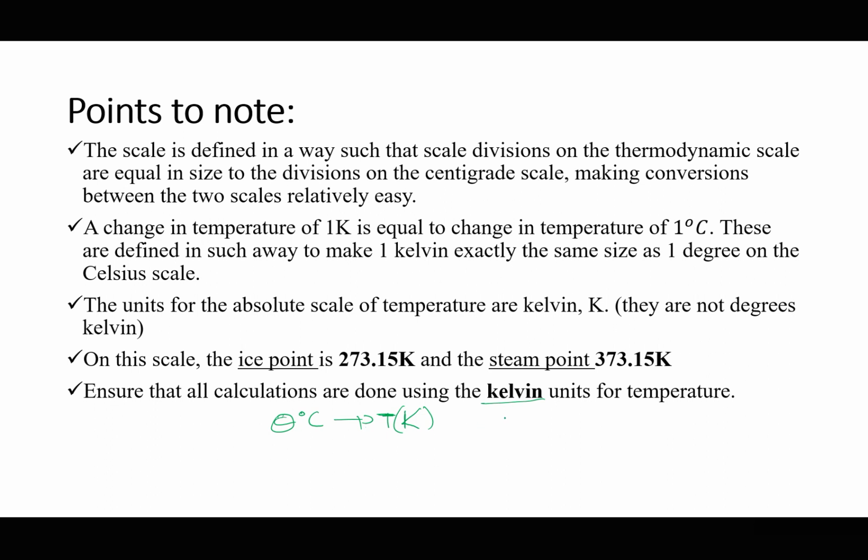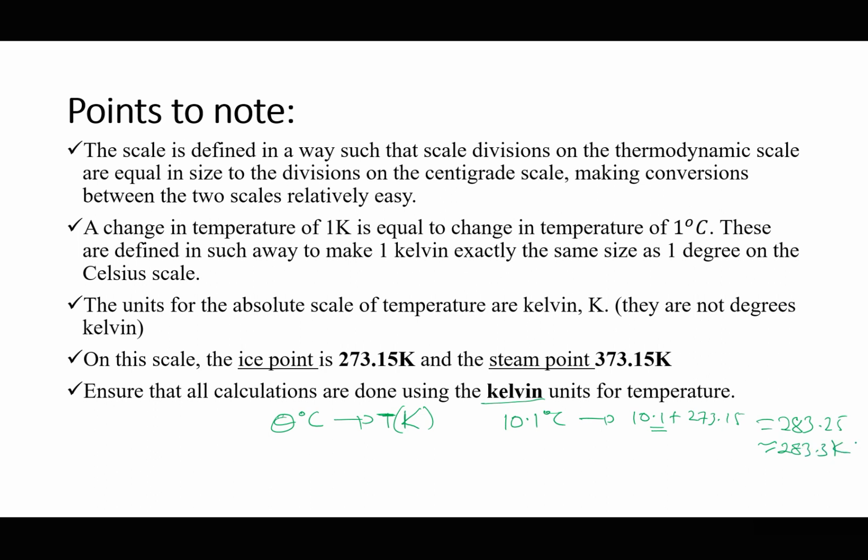For example, convert 10.1 degrees Celsius to Kelvin. Here you just add 10.1 plus 273.15. Remember, it is quoted to one decimal place. This gives me 283.25, but because this is quoted to one decimal place, this is going to be 283.3 Kelvin.